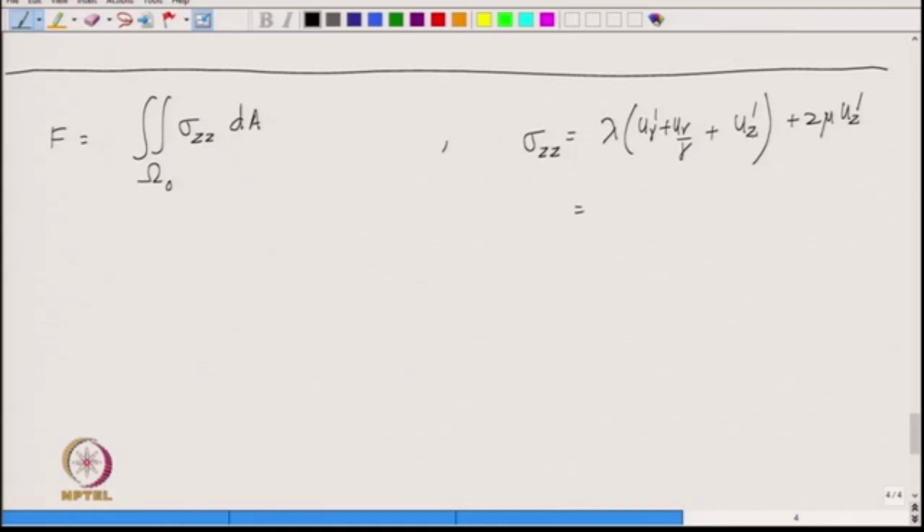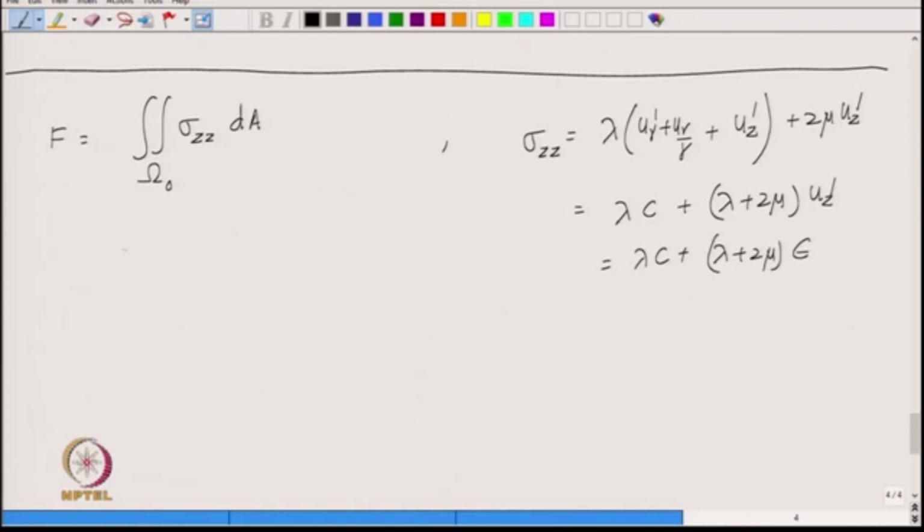And we know that u r prime plus u r by r is a constant, which we denoted by c. So, this becomes lambda times c plus lambda plus 2 mu into u z prime, which is also equal to epsilon. So, that is lambda times c plus lambda plus 2 mu into epsilon.